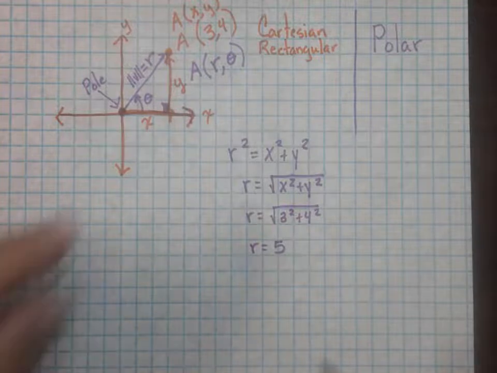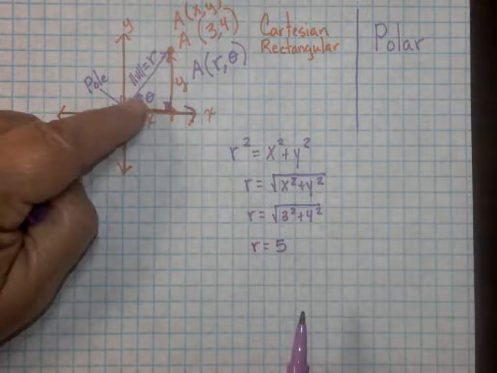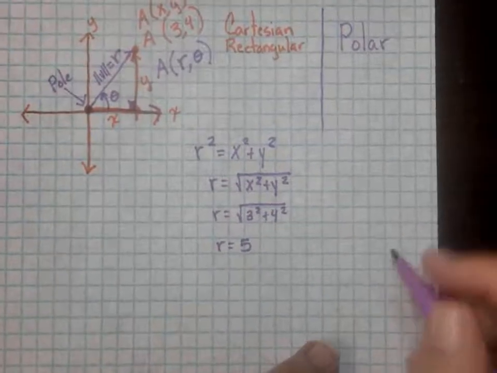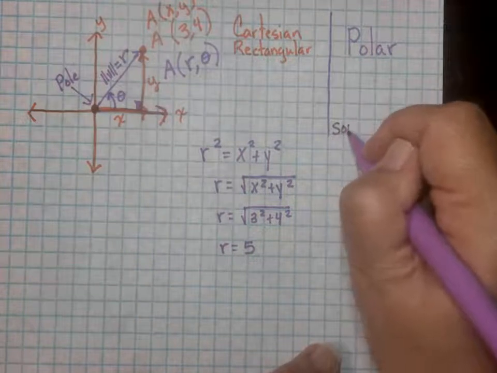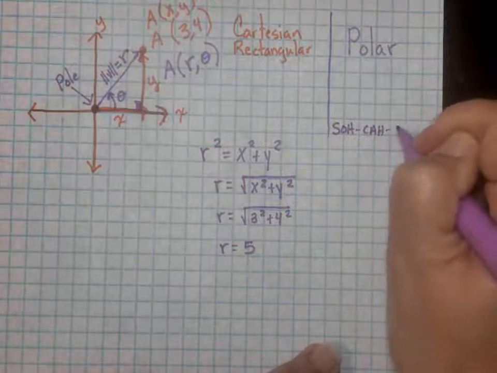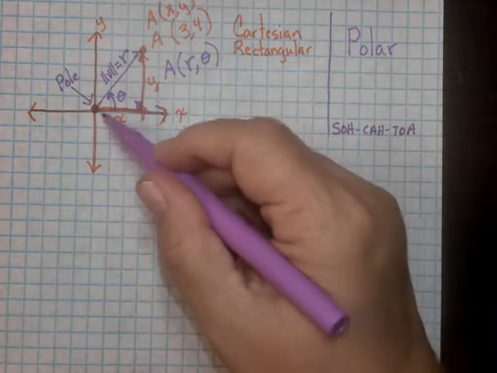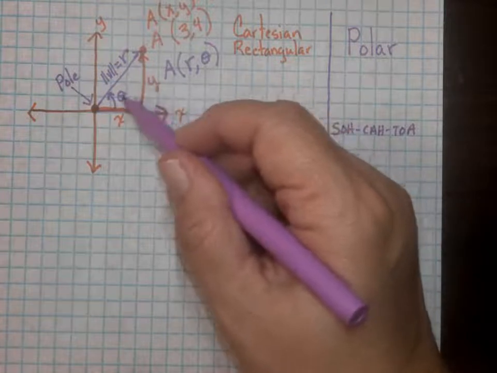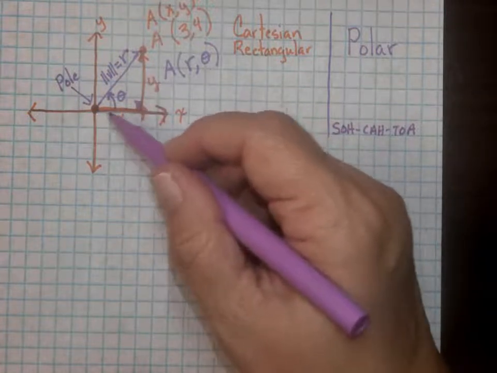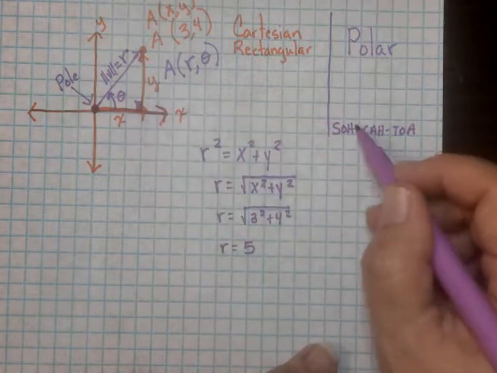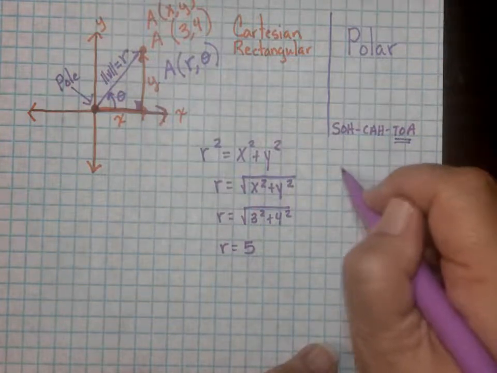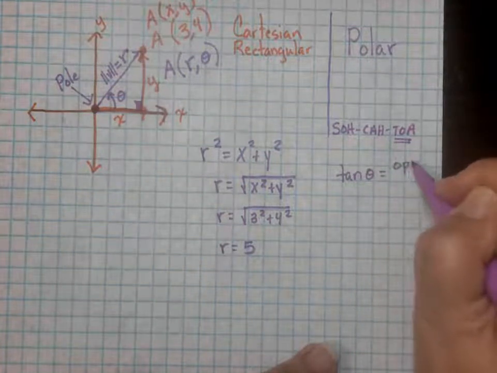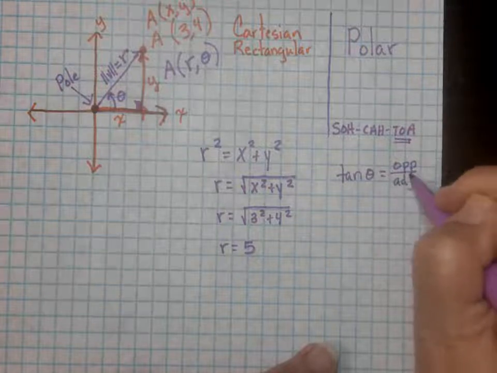Well, we also learned how to find this directional angle when we were studying vectors. So remember that for that, we went back to our right triangle trigonometry of SOHCAHTOA. And in relation to theta, y is my opposite side and x is my adjacent side. So I would use tangent, and I would say that tangent of theta is equal to opposite over adjacent.